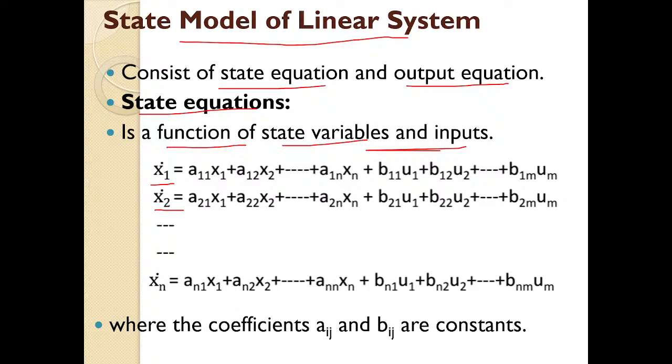So this continues up to d by dt of xn, which is equal to an1 x1 plus an2 x2 up to ann xn plus bn1 u1 plus bn2 u2 plus up to bnm um, where the coefficients of these variables, that is the coefficients of x or u, they are the constants.